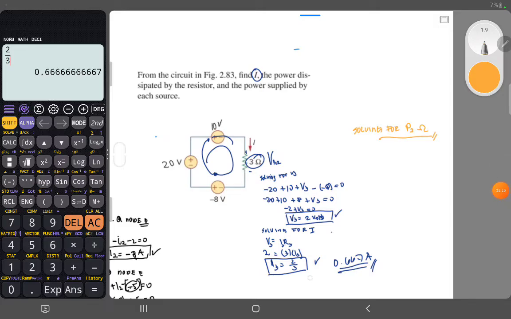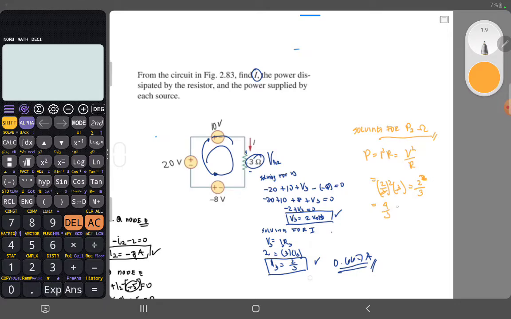We'll know that power is equal to I squared R or V squared over R. So from here, I will have my I squared R, which is equal to 2/3 squared multiplied by 3, which must be equal to our V squared over R, which is equal to 2 squared all over 3, which is equal to, so mapapansin mo, kakancel yung isang 3, may matitira isang 3, so therefore we have 4/3.